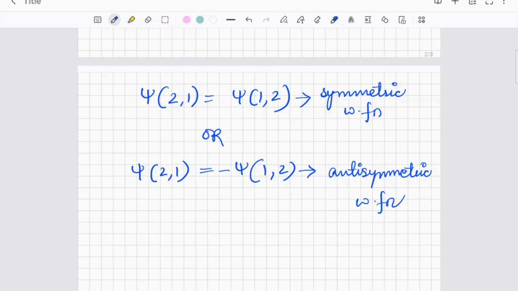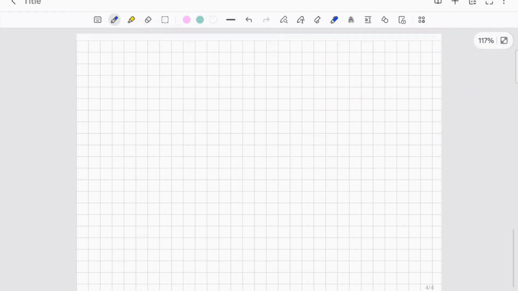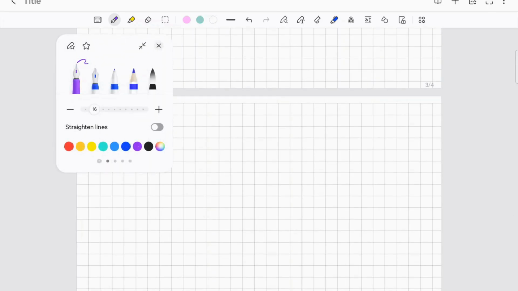The question is, which of these two are you going to choose for electrons? For this, let's go to the spin statistics theorem. What does it tell us?